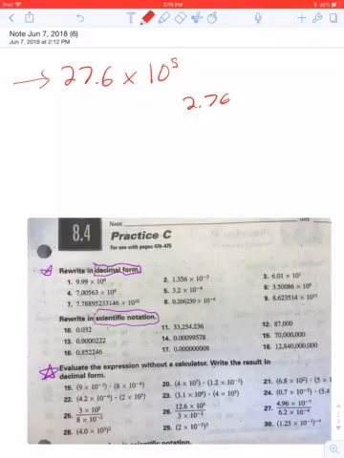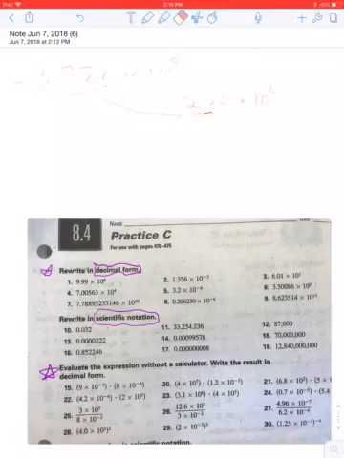So you need to modify the decimal and then ask yourself, when I went from 27.6 to 2.76, did I make the number bigger or did I make it smaller? Well, here I made it smaller. So since this became smaller, I need to make this bigger to adjust for the decimal shift that we did there.